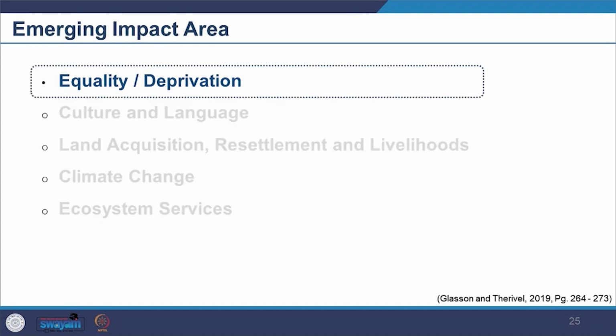So reflecting upon equality and deprivation, it is usually noted that any development does not have a blanket impact. What does that mean? That means that if there's a benefit for one, it might not be the same benefit for everyone, and it might not be true that all will benefit. Some might be at a loss because of that particular development.